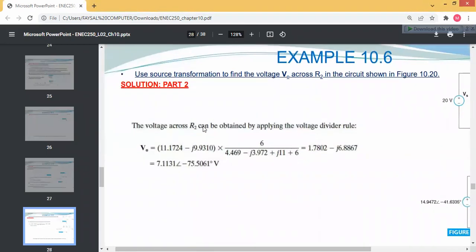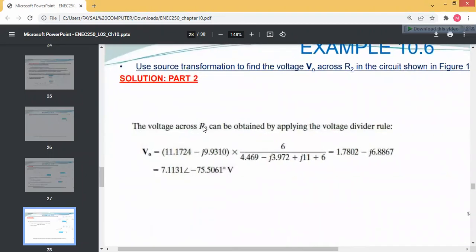Now in part 2, we have to find the value of V naught. We find the voltage across R2 by using the voltage divider rule.